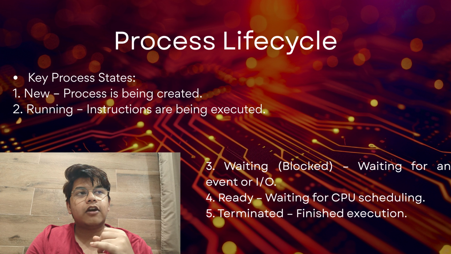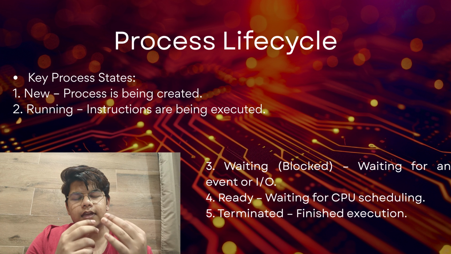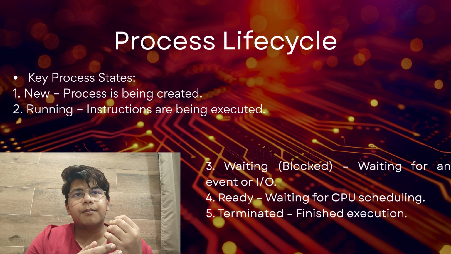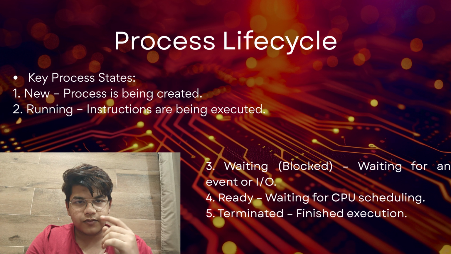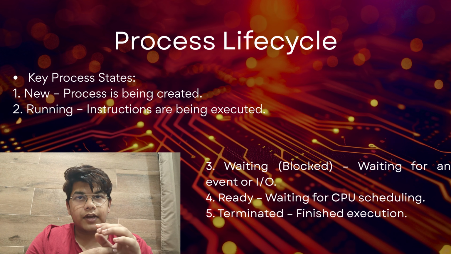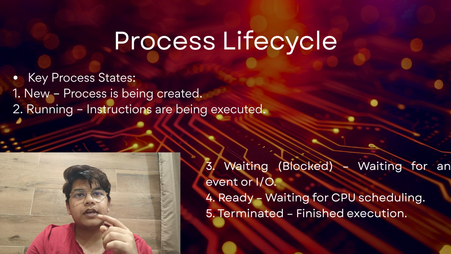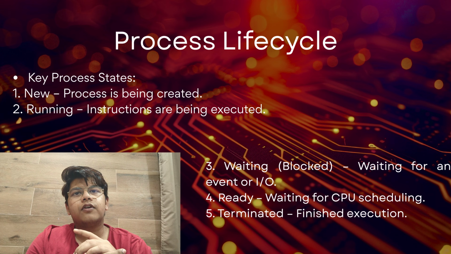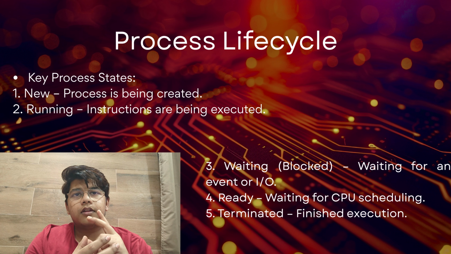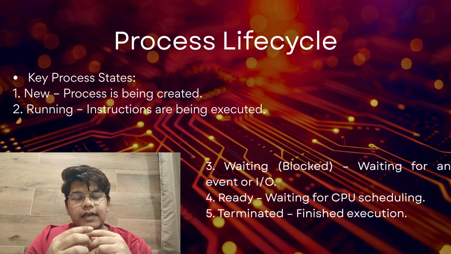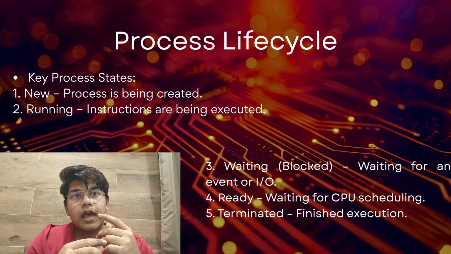Third, waiting or blocked: the process is waiting for some event, like an input/output device to complete or a child process to finish. Fourth, ready: the process is ready to run but is waiting in the queue for the CPU scheduler to pick it. And fifth, terminated: the process has finished executing and its resources are being reclaimed.